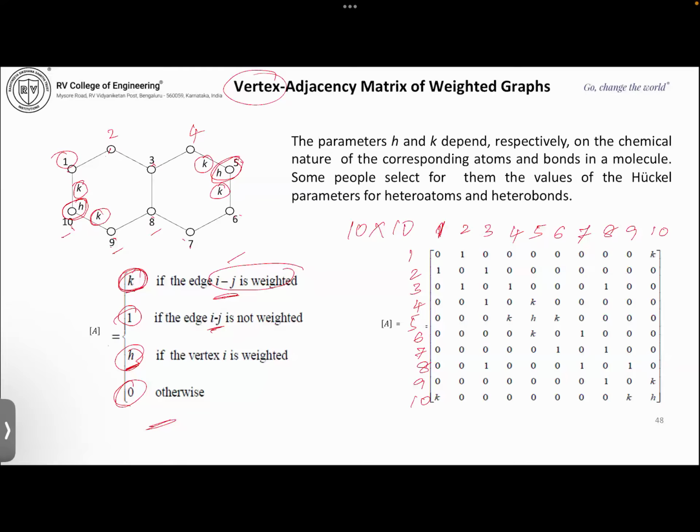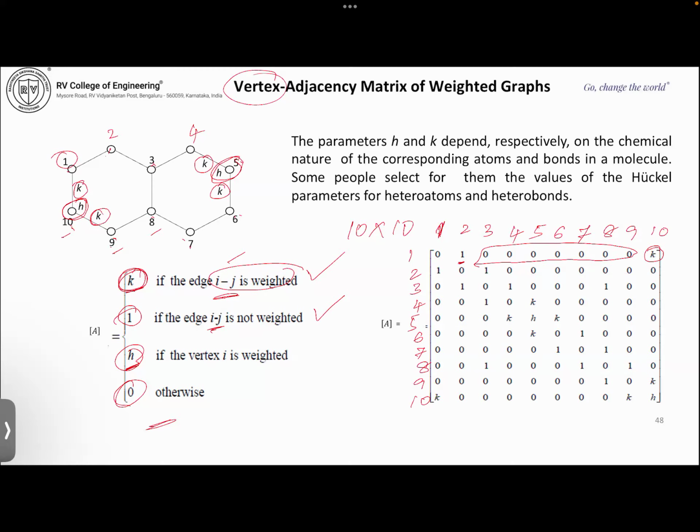You can see, let me consider the first vertex. 1 and 1, 0. 1 and 2 is adjacent, 1. They are not weighted, that's why it is 1. And all others are not adjacent, therefore it is 0. 1 and 10 are adjacent, and since the 10th atom is a weighted atom, its relation is defined as K, if they are weighted.